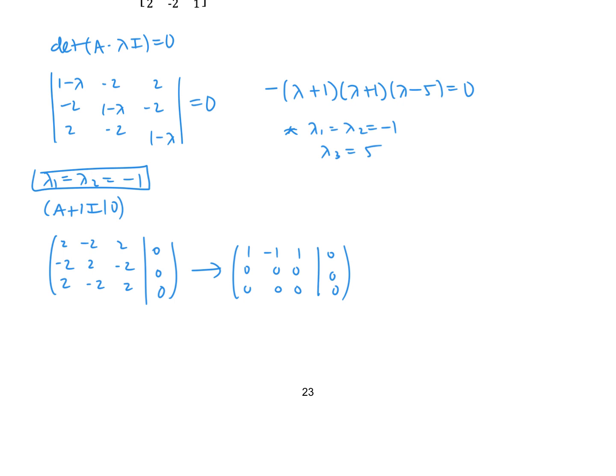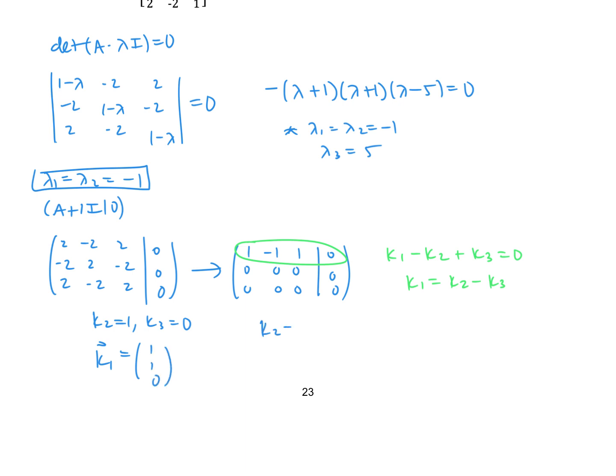So again, to read this, we get k1 subtract k2 add k3 is equal to 0. So k1 then is k2 subtract k3. So that means that k1 depends on both k2 and k3. So first I can choose k2 to be 1 and k3 to be 0, which gives me an eigenvector of 1, 1, 0.